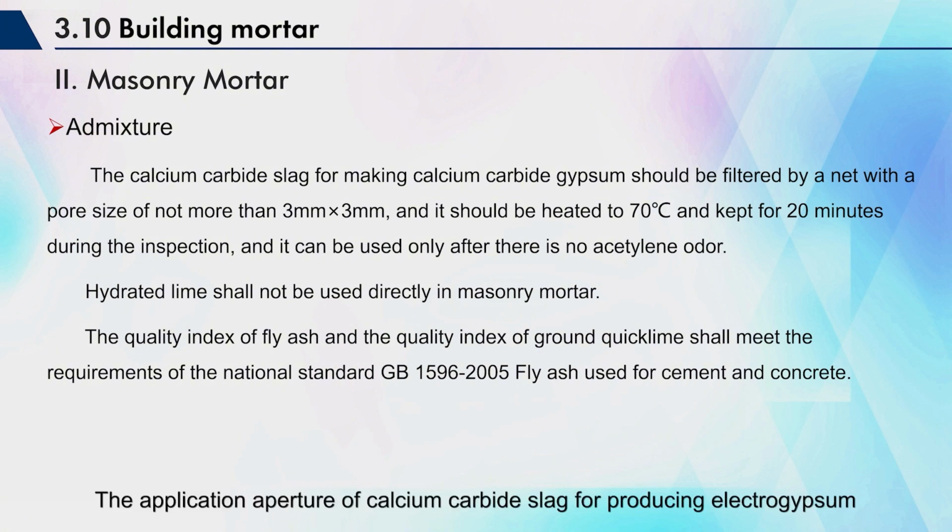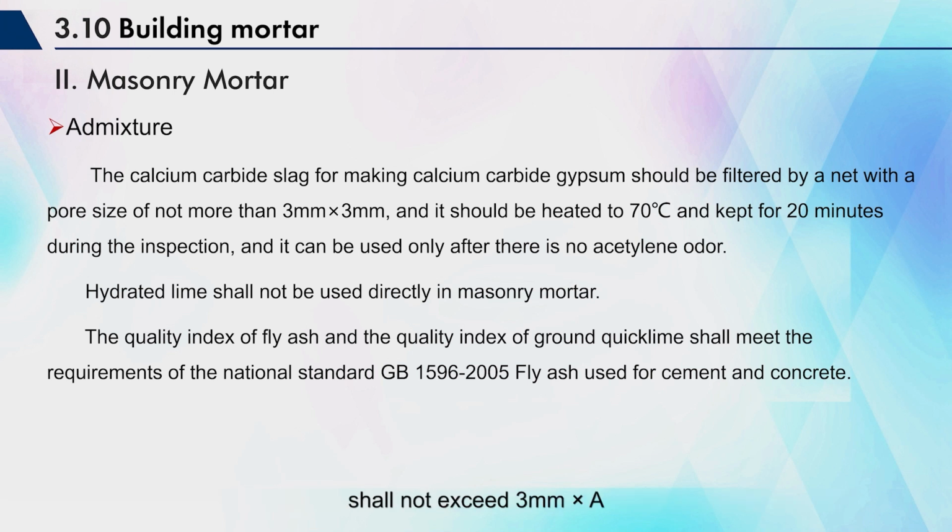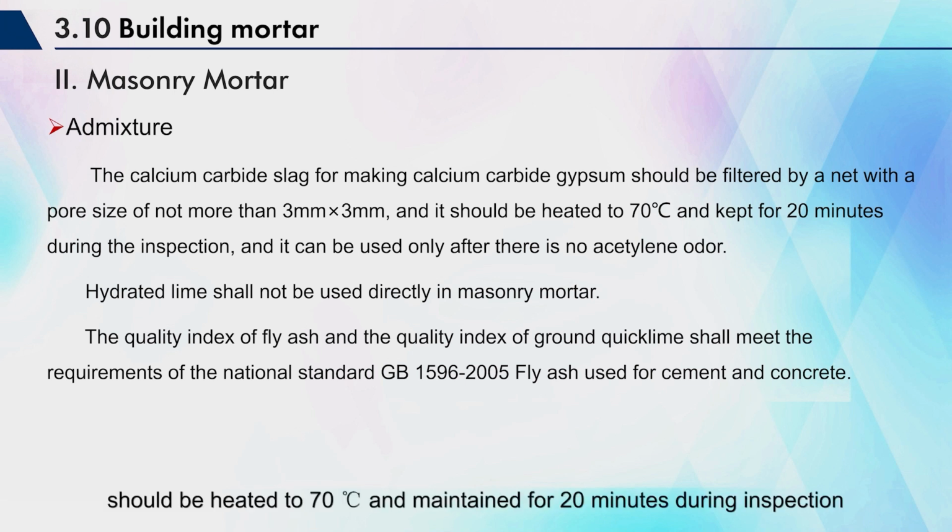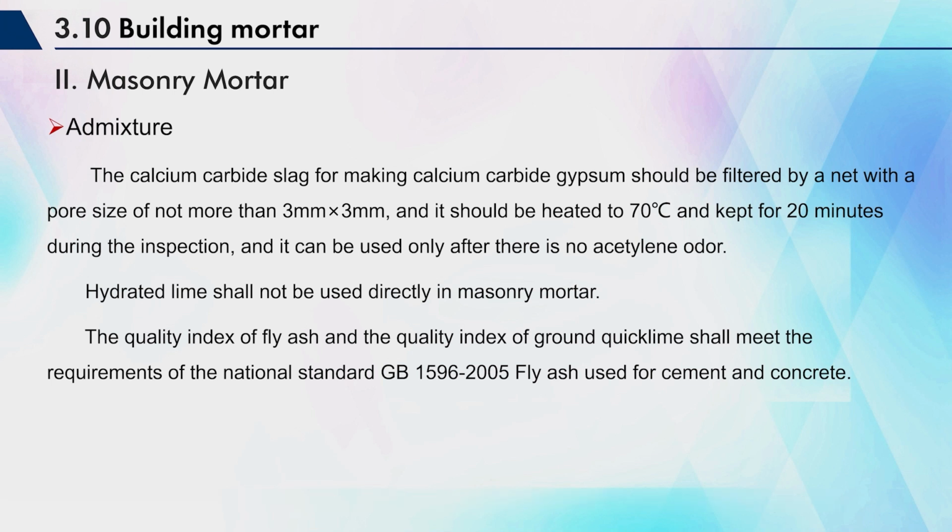For calcium carbide slag used to produce electron gypsum, a 3 mm × 3 mm mesh filter should be used, and it should be heated to 70 degrees and maintained for 20 minutes during inspection, and it can only be used after there is no smell of acetylene.